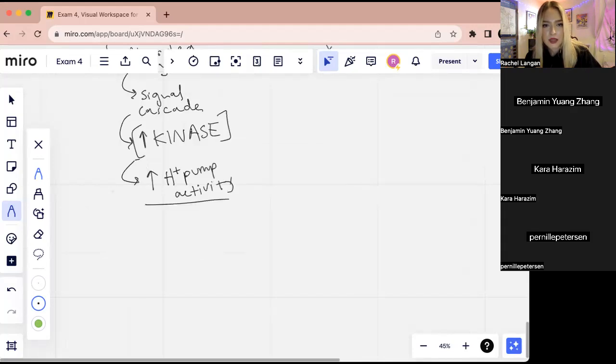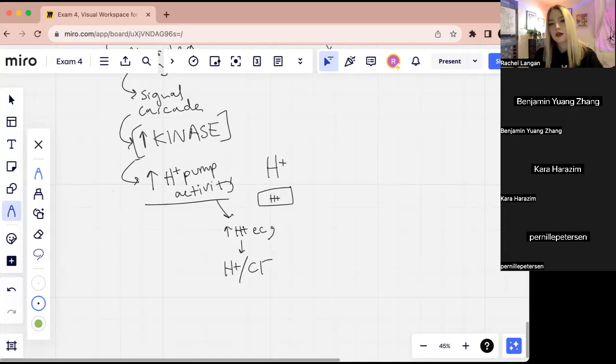So that's going to increase the hydrogen electrochemical gradient across the membrane, right? We have a plant cell. We have a low concentration now inside and a high concentration out. We can use that gradient to transport in chloride ions.